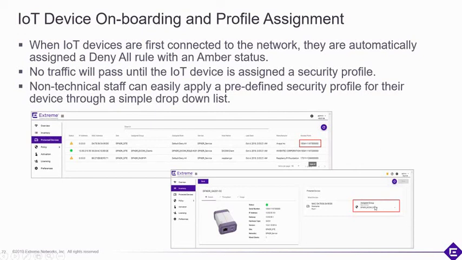So I just select and assign it to an infusion pump or MRI machine. So non-technical people can actually provision the IoT and apply all the policy to it. You don't need to know what a VLAN is, what a firewall is and all those things, but you can apply that. That's why we developed the Defender application.